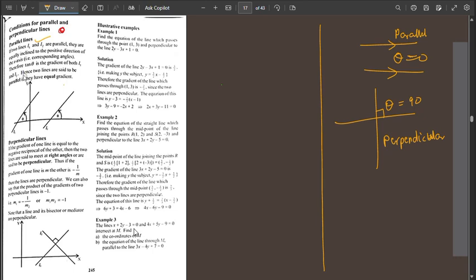Sorry for reading it badly, but I think you can refer to it yourself. So the two lines are said to be parallel if they have equal gradients. Let me explain this.